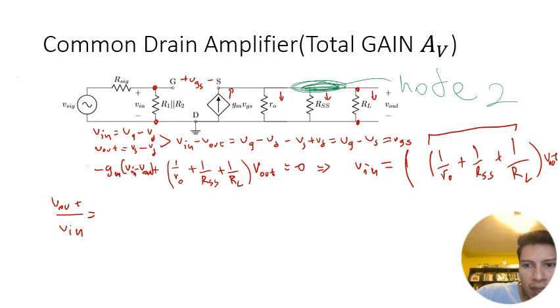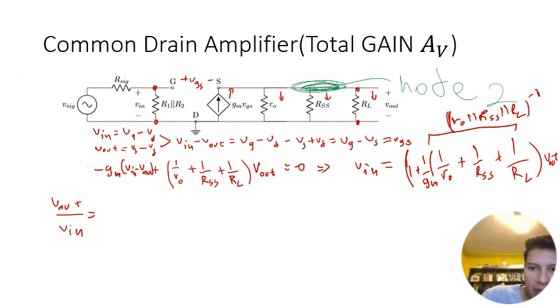So this will become 1 plus 1 over gm times that, and this is really ro in parallel to Rss in parallel to RL, to the -1 power.